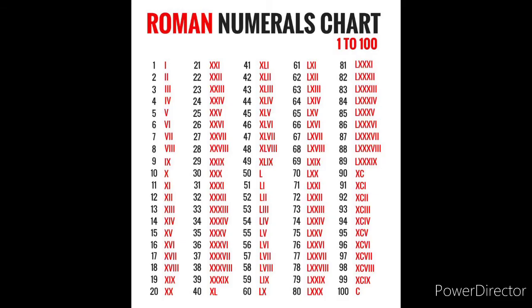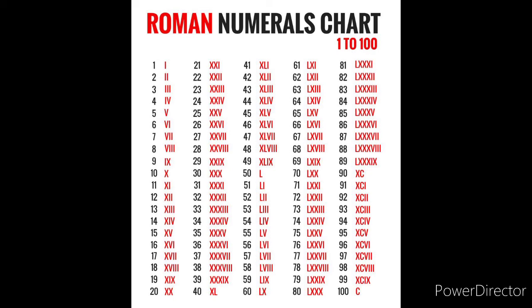Now you can see a Roman numeral chart. I to 10, and 11 to 20, then 21 to 30, the I's, that is 1, 2, 3, are the same. The X value alone is increasing.